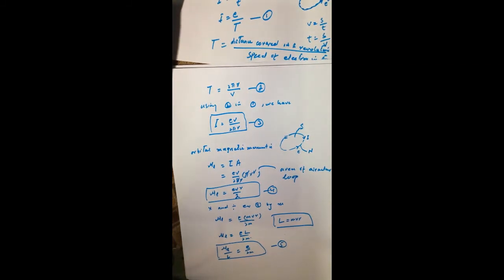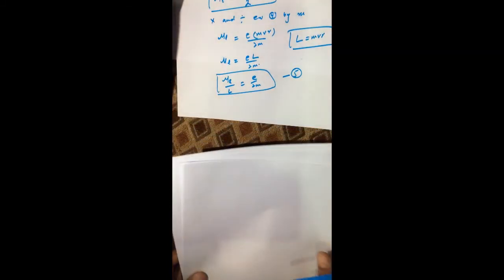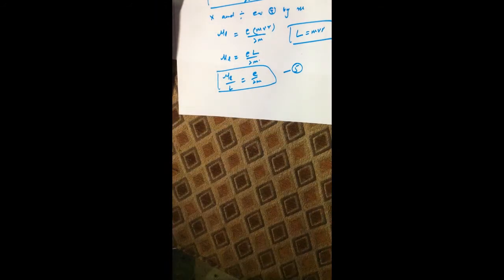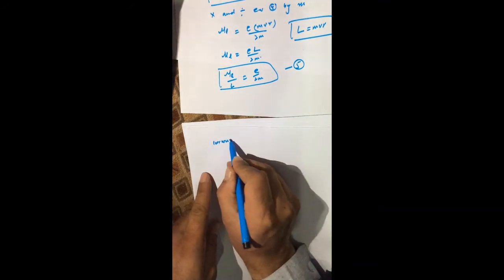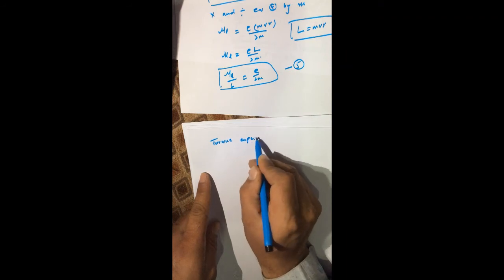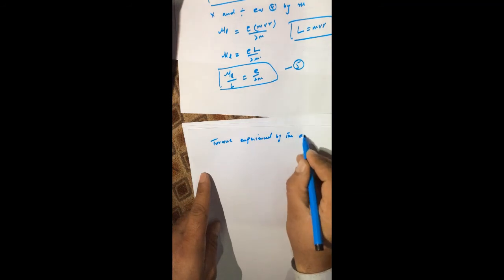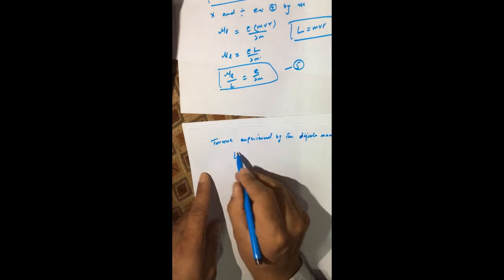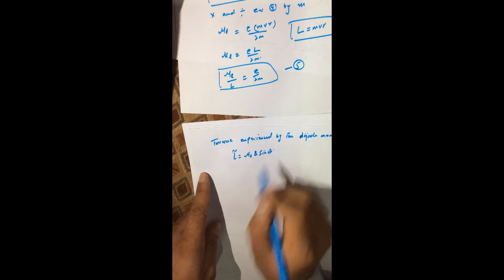Now when an atom is placed in magnetic field, then the torque experienced by the magnetic dipole moment is tau, which is equal to mu L B sine of theta.